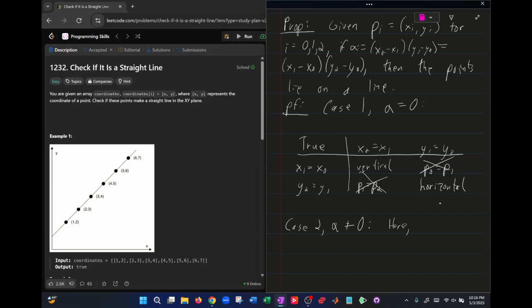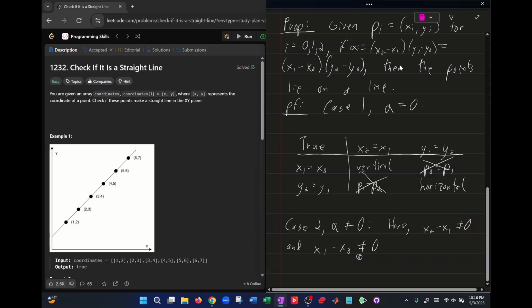If alpha is not 0, then x2 minus x1 is non-zero, and x1 minus x0 is not 0. Because if either of these were 0, then alpha would be 0.